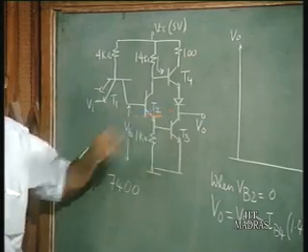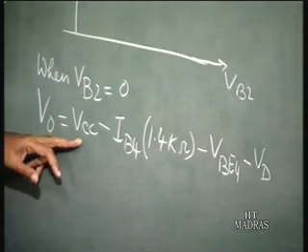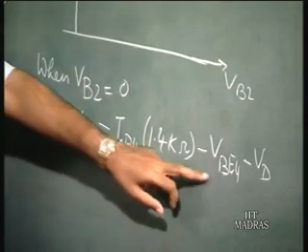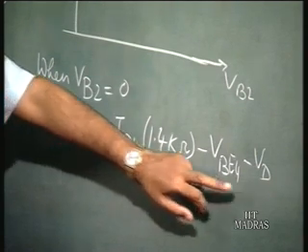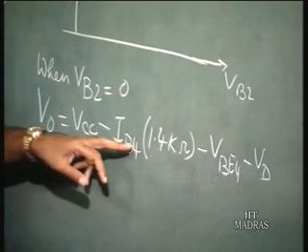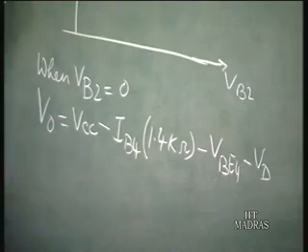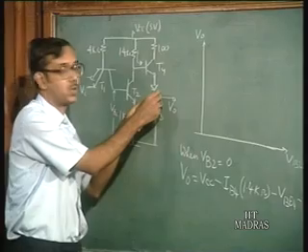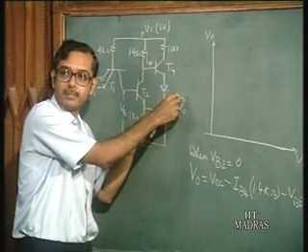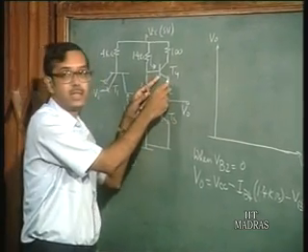Now, we know VCC is 5 volts, and these drops we can assume to be around 0.7 volts. Now, this voltage drop depends on the load current actually, how much current you are drawing, which is the emitter current of the transistor T4.